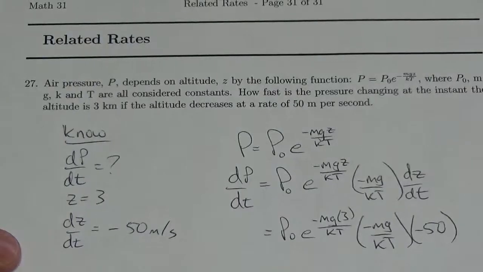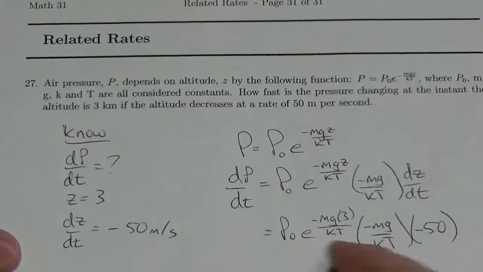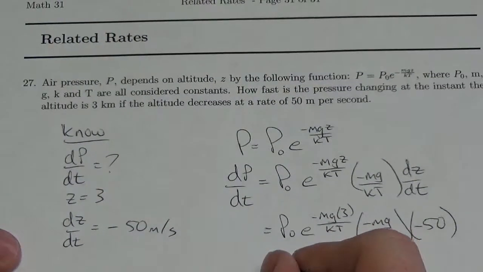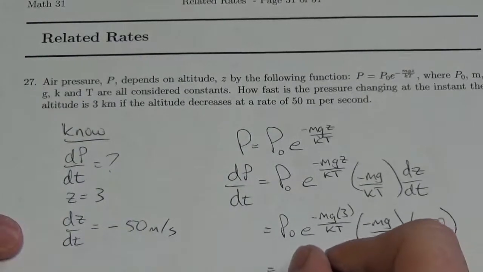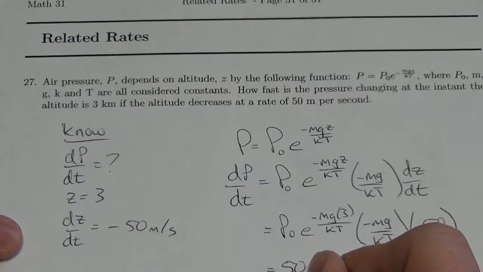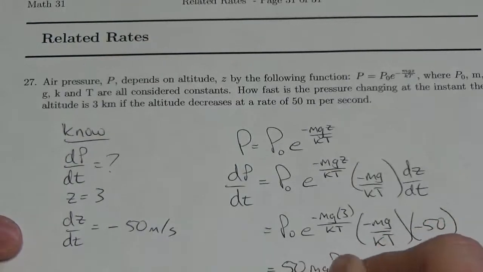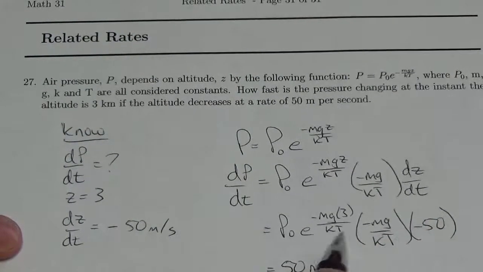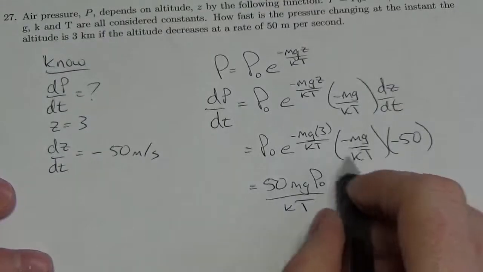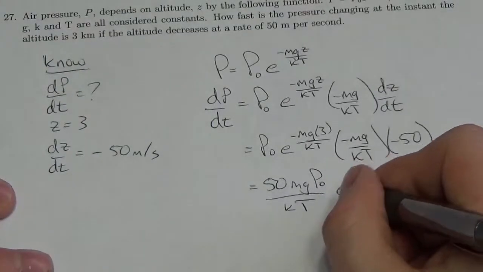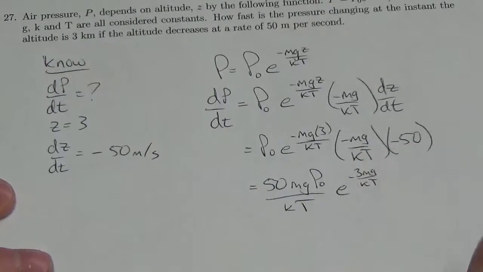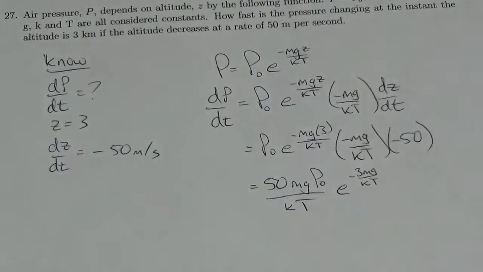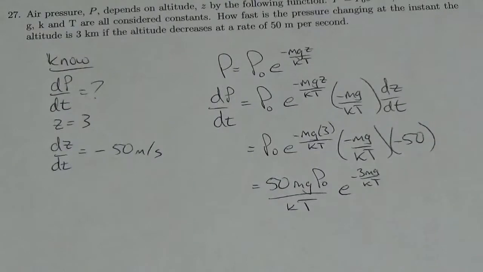Okay? So now let's just reorganize that a little bit. There's really not much going on here. The negatives are going to cancel, so this is going to be 50 mg P naught over kt. That's just me bringing the variables over, and then multiplied by e to the negative 3 mg over kt. And that's your dp by dt.